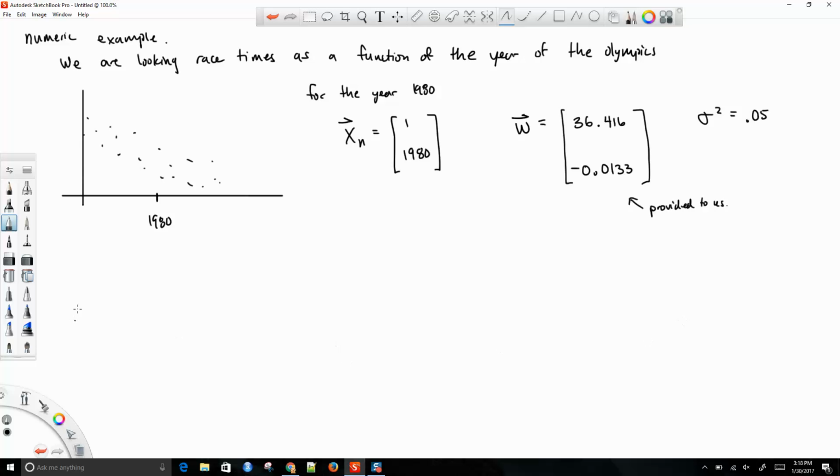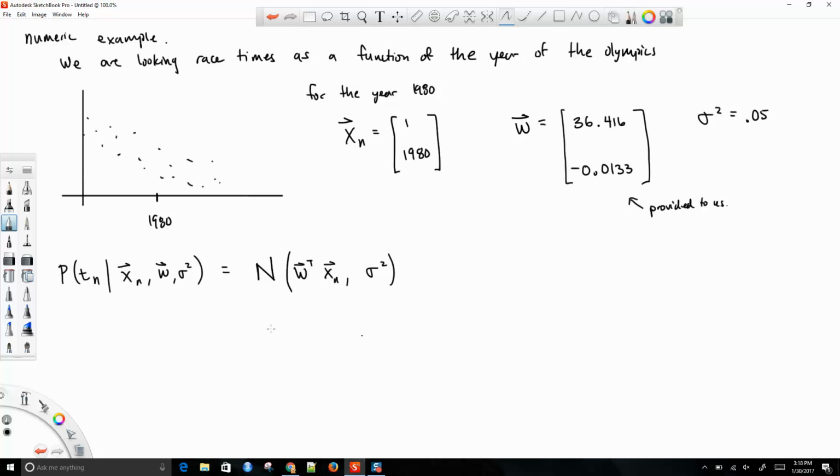Thus we would say the probability of a particular value in the year 1980, given x sub n, w, and sigma squared, is going to look like a normal distribution with mean w transpose x sub n and variance sigma squared.